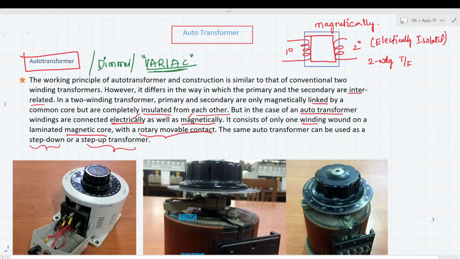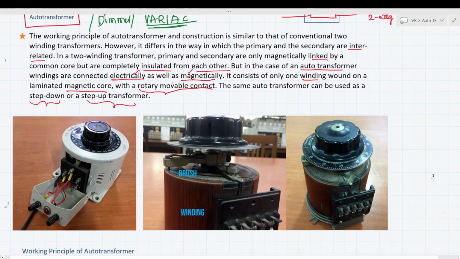You are going to see these variacs in laboratories, in your lab. This is the physical view of an auto transformer. This knob here is the movable contact.